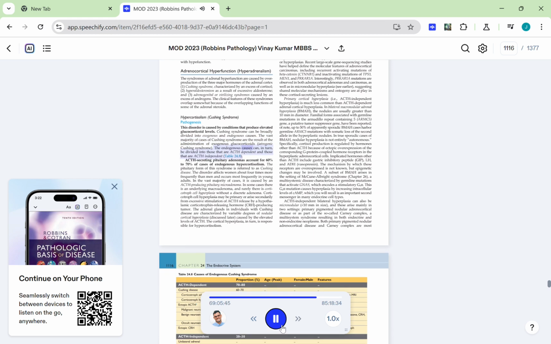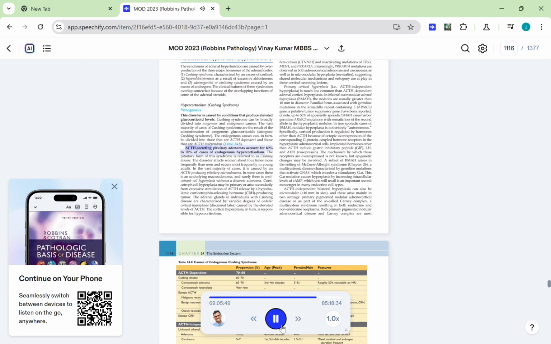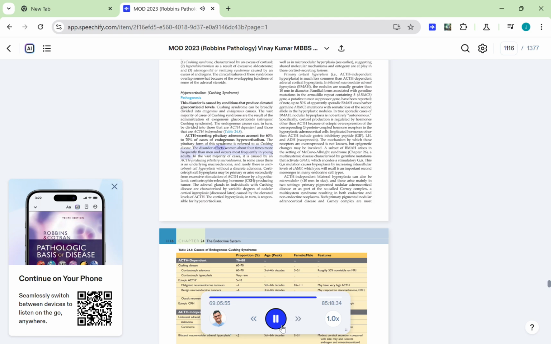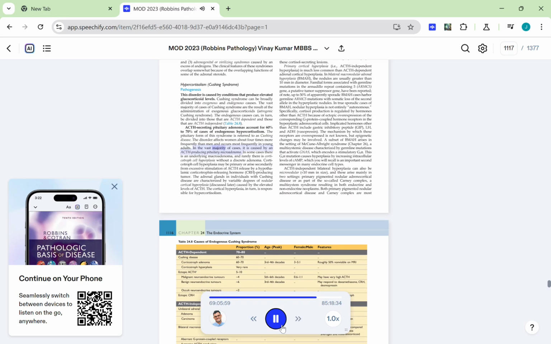The endogenous causes can in turn be divided into those that are ACTH-dependent and those that are ACTH-independent. ACTH-secreting pituitary adenomas account for 60% to 70% of cases of endogenous hypercortisolism. The pituitary form of this syndrome is referred to as Cushing disease. The disorder affects women about 4 times more frequently than men and occurs most frequently in young adults. In the vast majority of cases, it is caused by an ACTH-producing pituitary microadenoma.